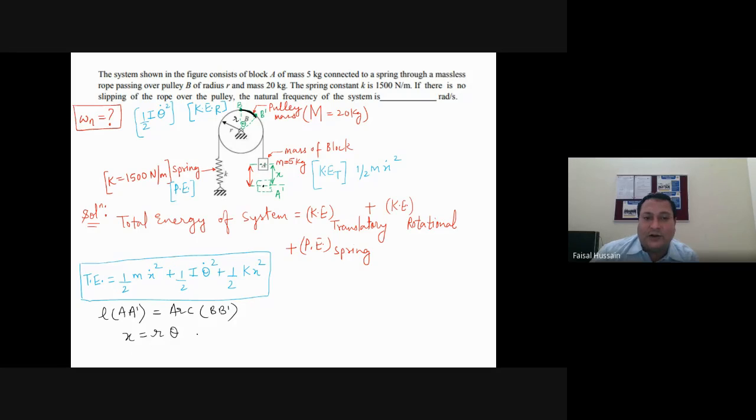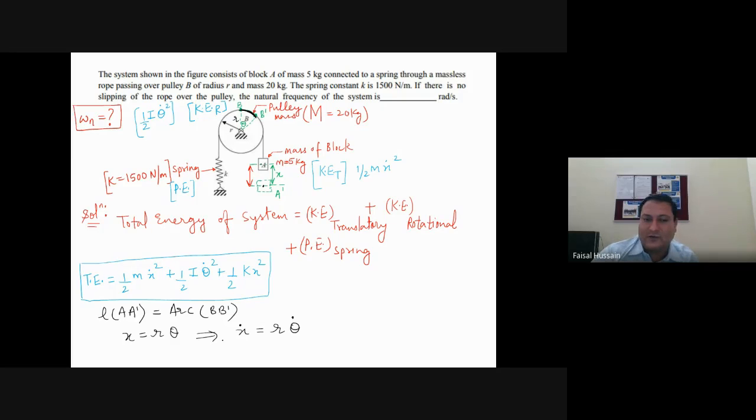If this is r into theta, then velocity will be x dot equal to r theta dot. Now what we have to do? We have to substitute all these values and differentiate with respect to time. We will get an equation, substitute the values and get the answer.